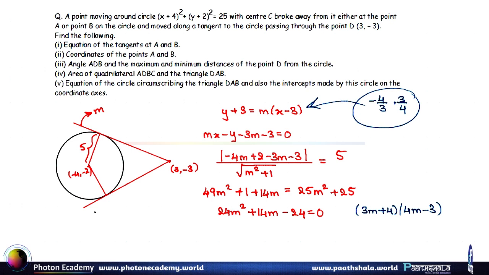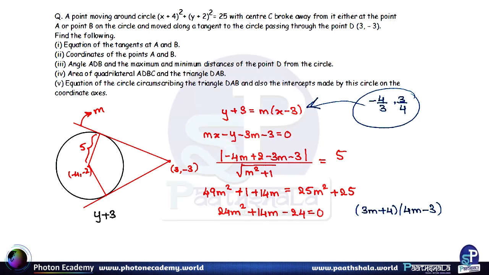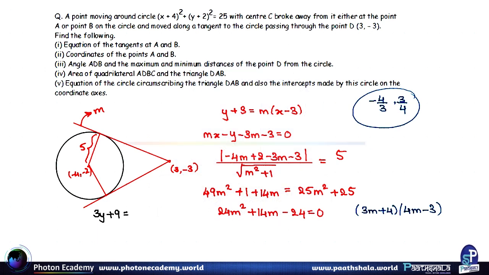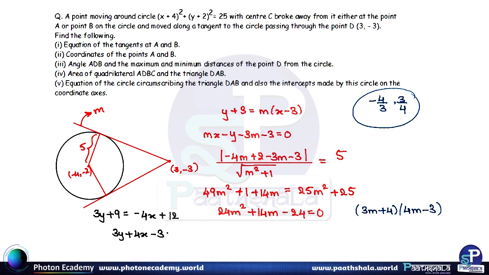So y plus 3 into 3, so this will become 3y plus 9 is equal to minus 4x plus 4 3s are 12. So 3y plus 4x minus 3 is equal to 0.